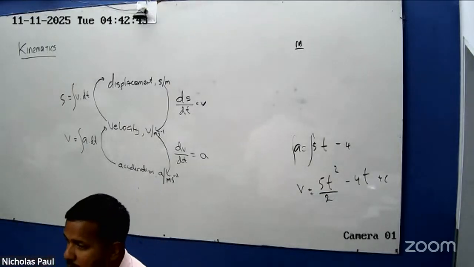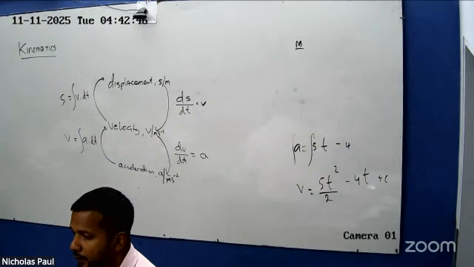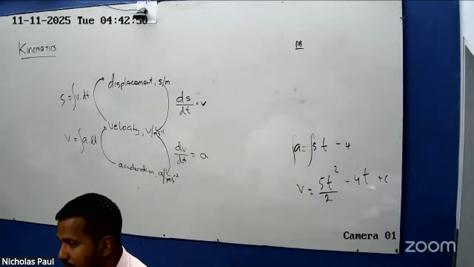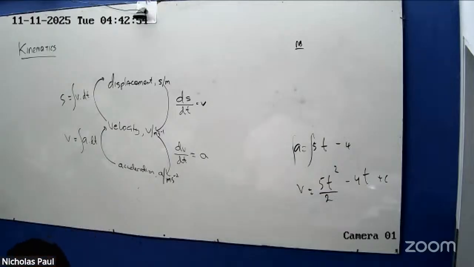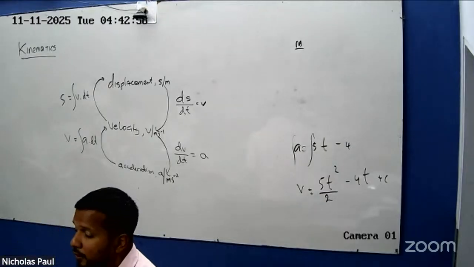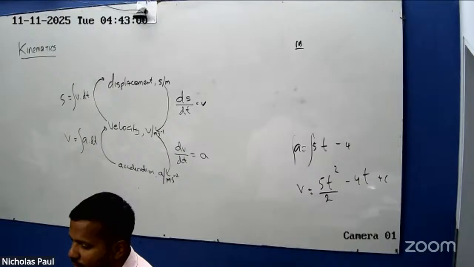All right. Next. What do you all think instantaneous rest means? So write this down. Instantaneous rest implies that velocity is zero.